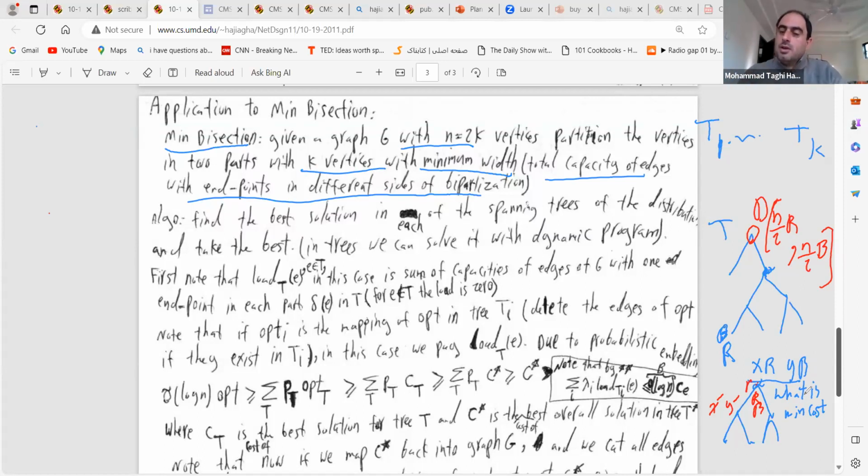So what do we do? We are just considering T1 to Tk. And now for each of them, because these are spanning subtrees, we just solve the problem. So we solve bisection on each tree.